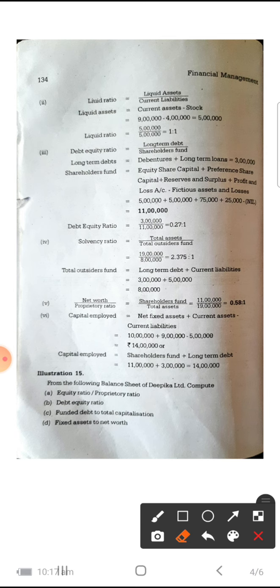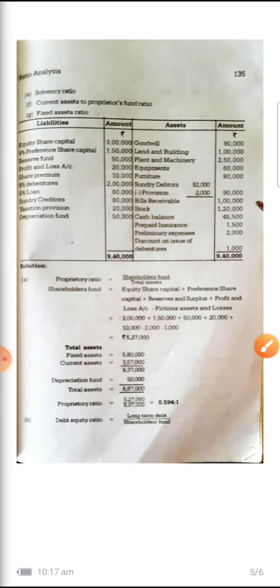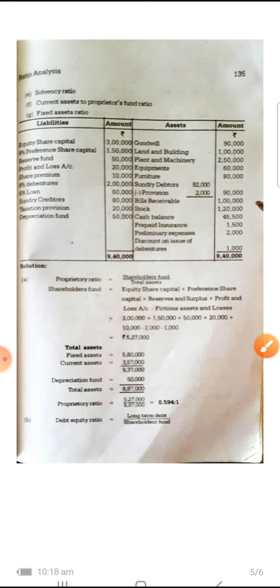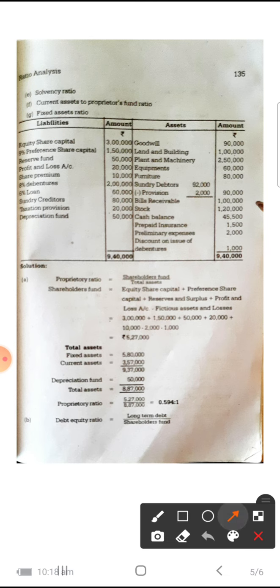Okay, these are the things given. Then solvency ratio, that is also given here. Solvency ratio, fixed assets to current assets, proprietors ratio, fixed asset ratio.